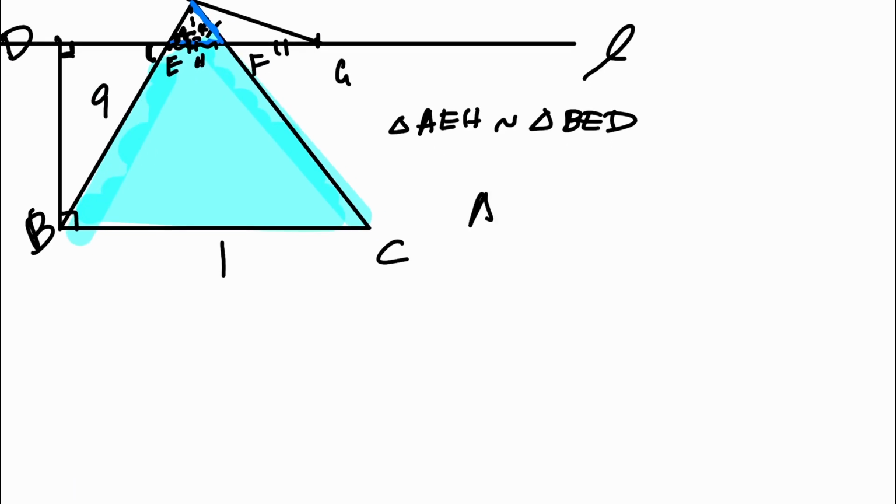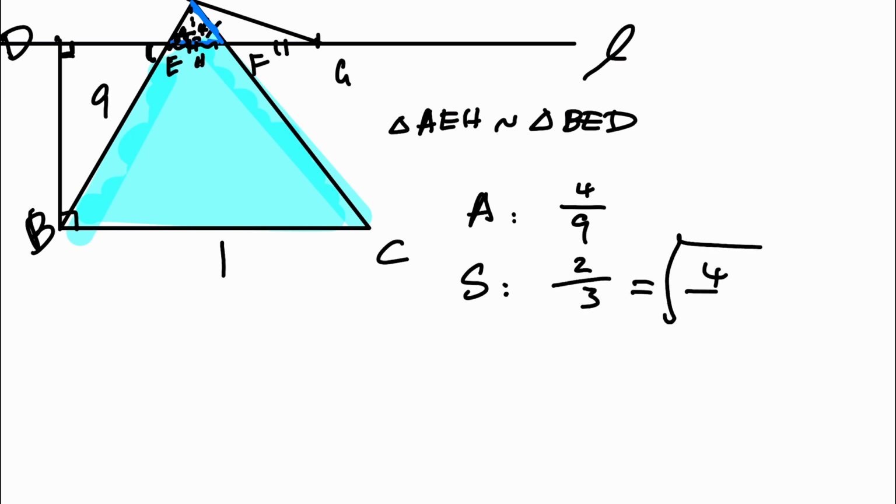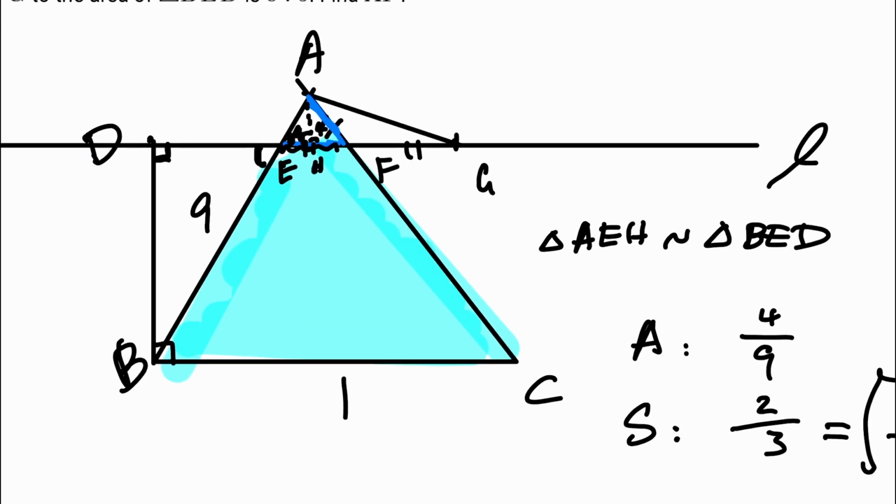So the area ratio is 4 to 9, so the side length ratio is 2 to 3, the square root of 4 to 9, which means that this to this is going to be 2 to 3, and that this is going to be this, and this is going to be 3/5.